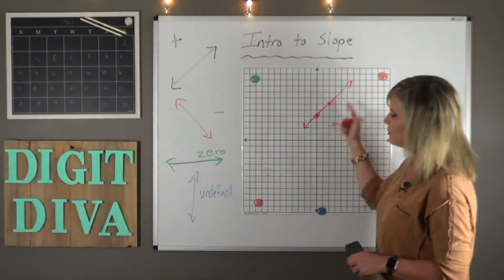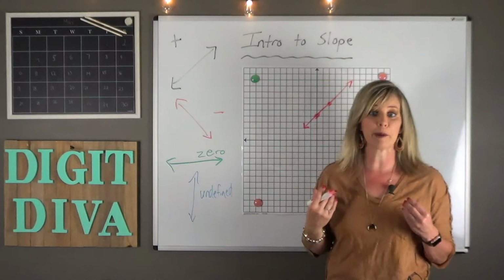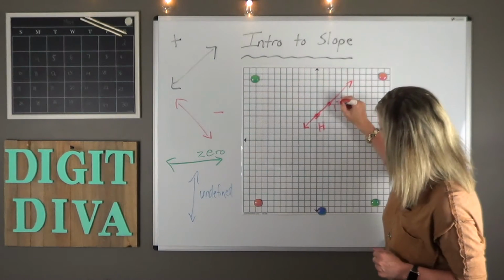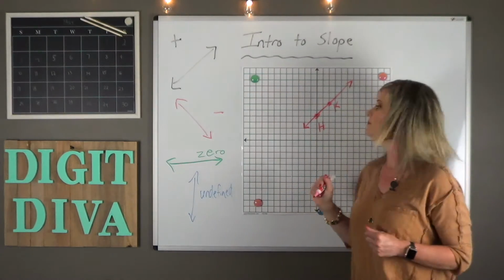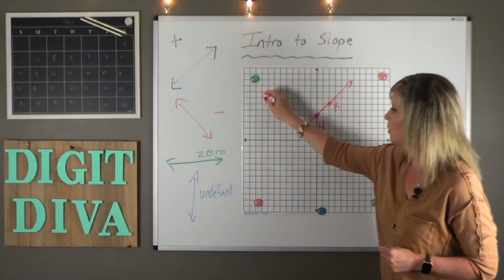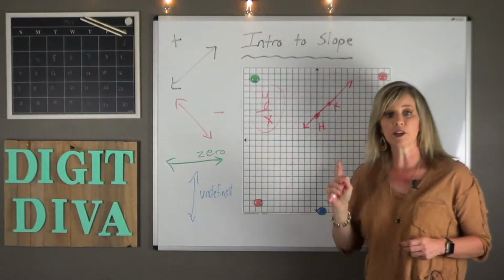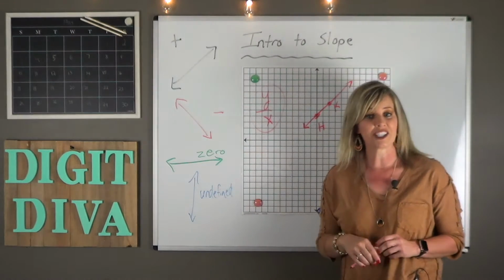All right, so I have 2 points. Let's pretend they represent people. Maybe this is Heather's house and this is Kathy's. All right, Heather's going to go visit her friend Kathy. Again, it's the change in y divided by the change in x. All right, so if I'm moving up and down, that's the change in y. If I'm moving left and right, that's the change in x.